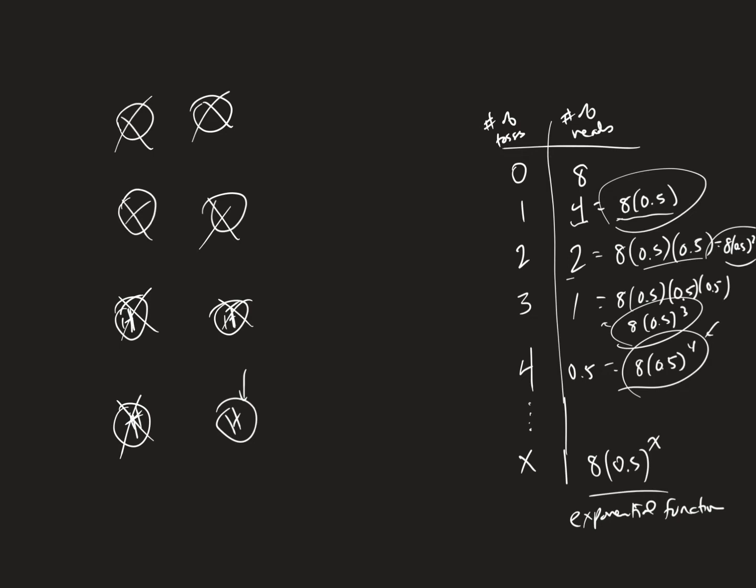Now it'll do us good to look at this expression that we just found and recognize where everything came from. So the 8 here came from the initial number of coins I had. The half here, the 0.5, is the percentage of things I had left after each toss, right? This was something that decreased at a constant percentage. It went down by 50% every single time.